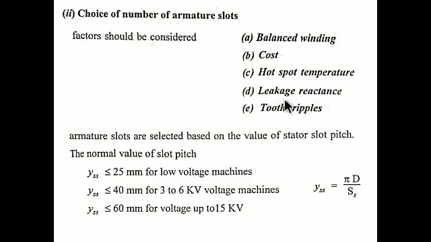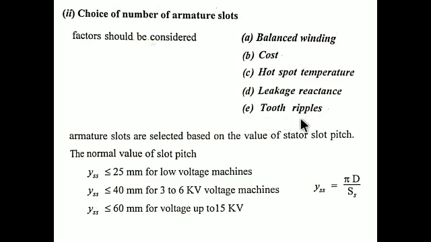Then the fourth one, leakage reactance. When we select a small number of slots, a large number of conductors per slot is needed, which increases the flux and the leakage reactance. So leakage reactance is directly related to the selection of slots. Then the next one is tooth ripple.